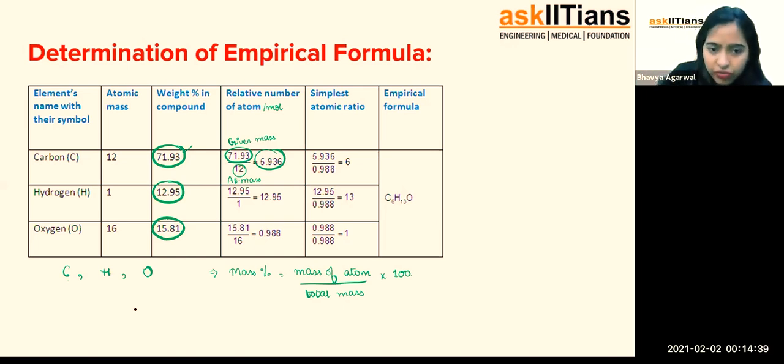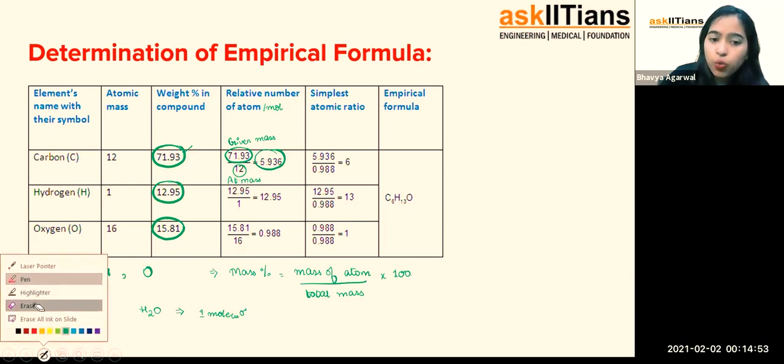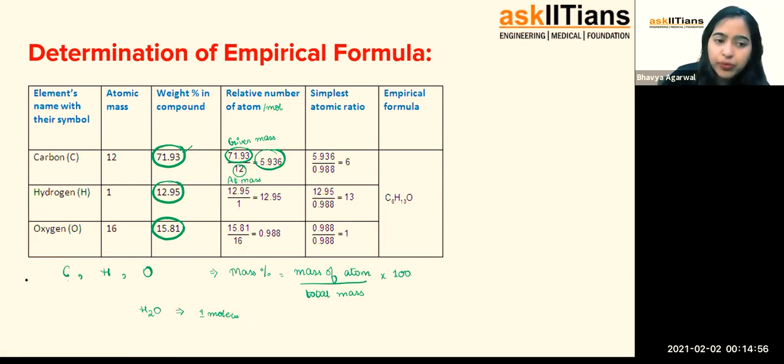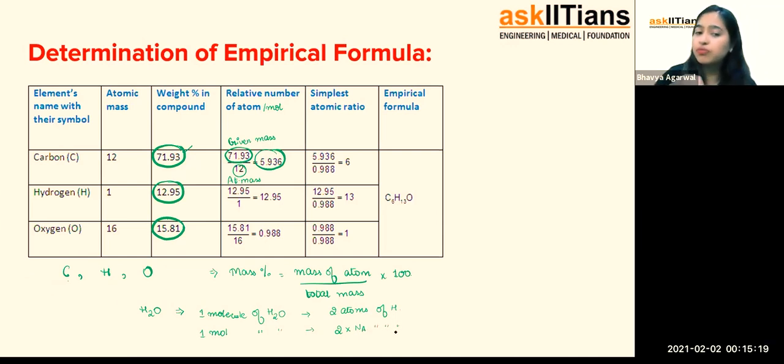For example, if I have water, do you remember when we did the questions, we said that if in 1 molecule of water, I am having 2 atoms of hydrogen, then if I have 1 mole of water, I would have 2 into Avogadro number of atoms of hydrogen.